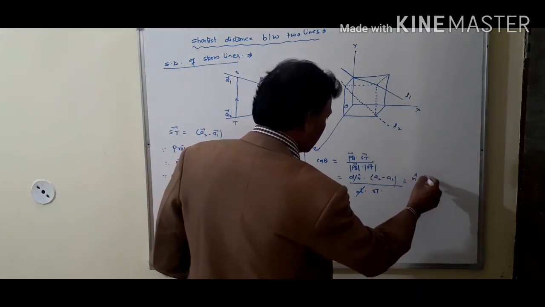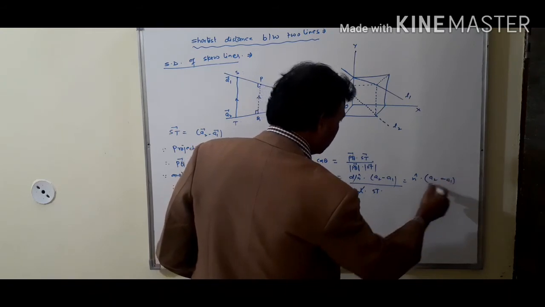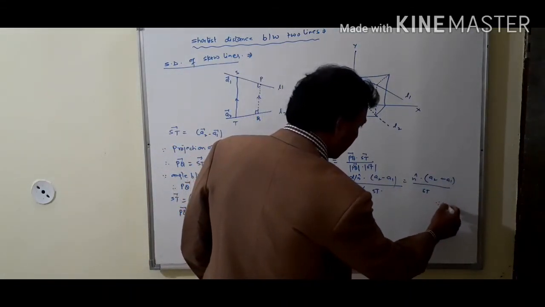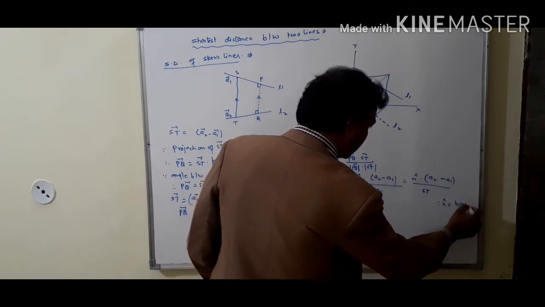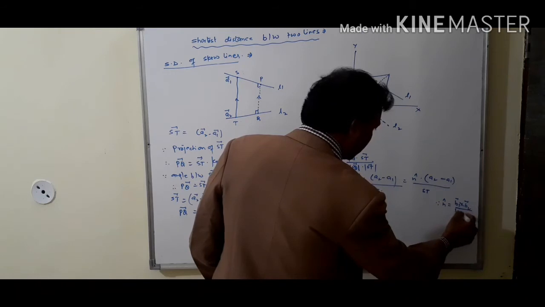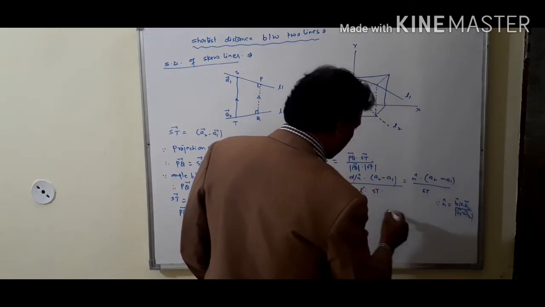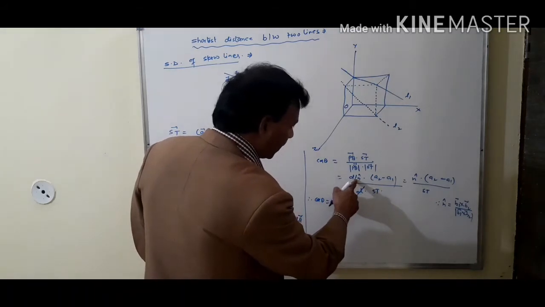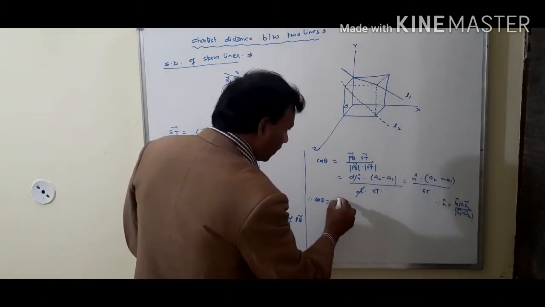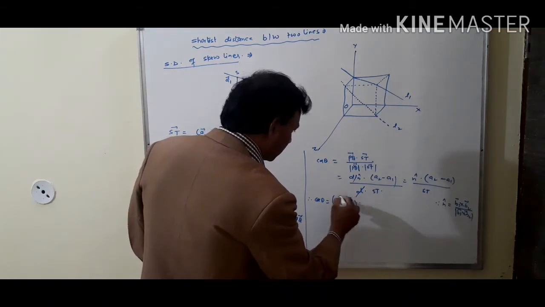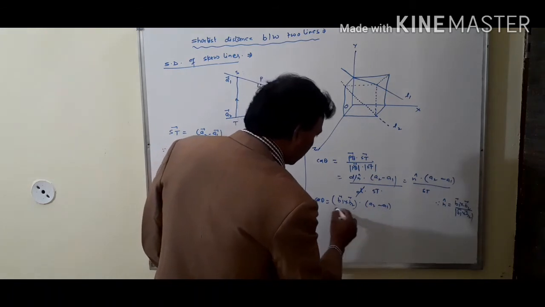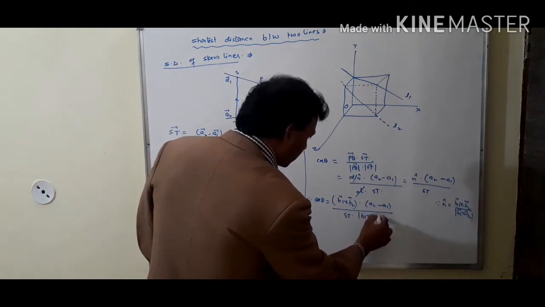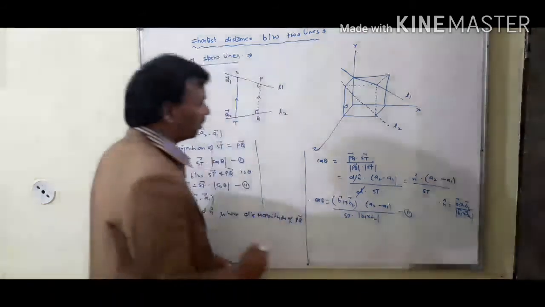This will be N cap dot A2 minus A1, whole upon ST. Since N cap equals B1 cross B2 upon magnitude of B1 cross B2, therefore cos of theta equals B1 cross B2 dot A2 minus A1, whole upon ST into magnitude of B1 cross B2. This is relation 2.